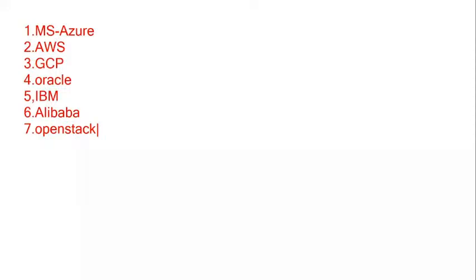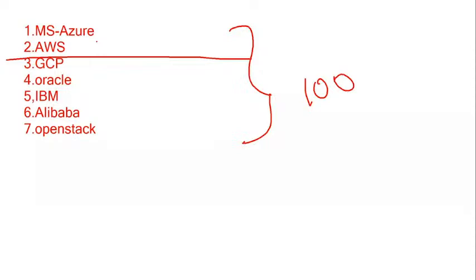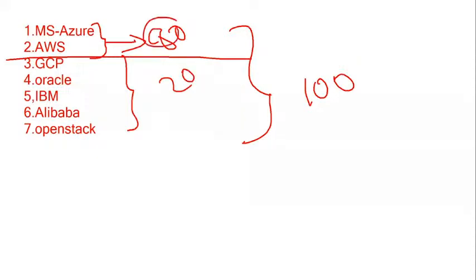Out of them, if you consider the cloud market as 100%, these two, Microsoft Azure and AWS, occupy 80%, and all the remaining ones, GCP, Oracle, IBM, Alibaba, OpenStack, have just 20% in the world.